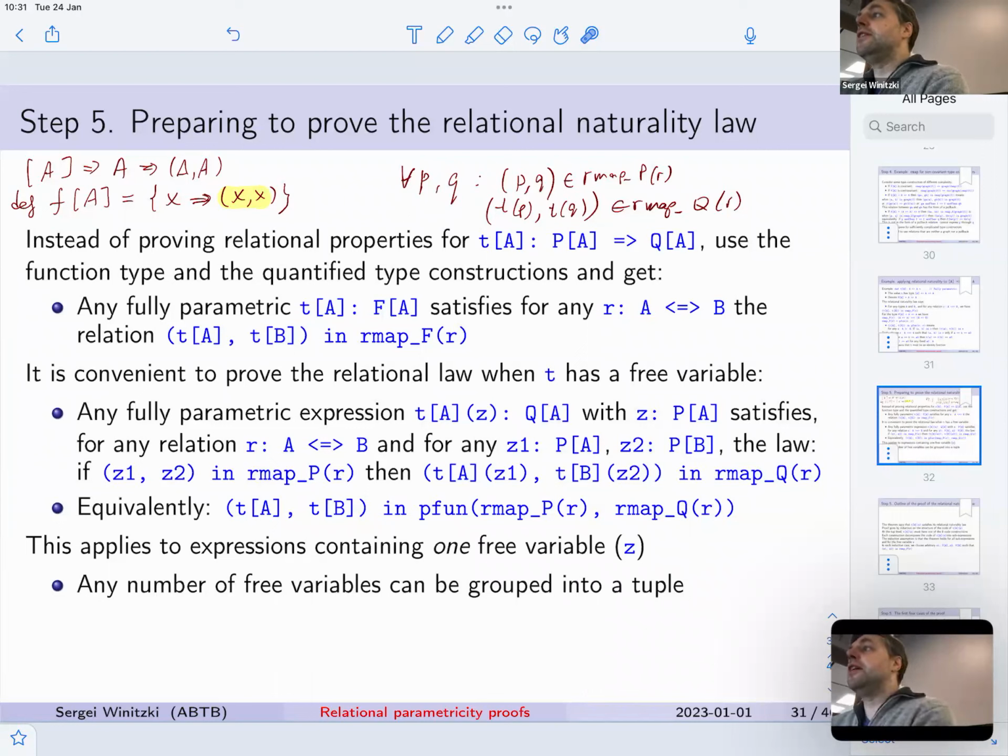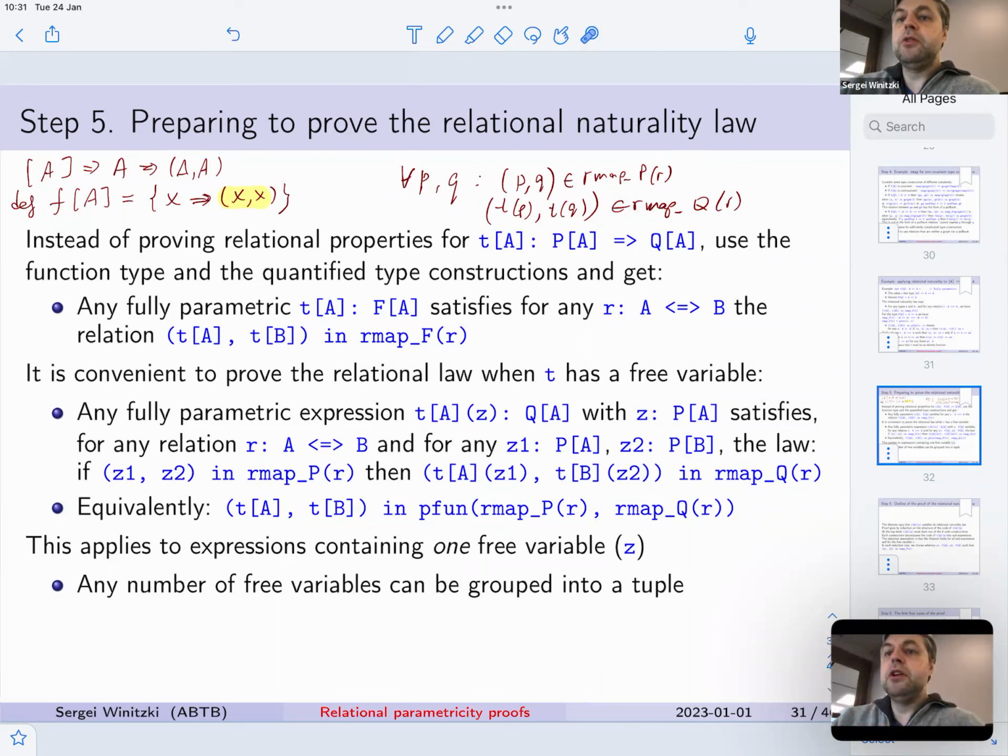Now, for variables defined externally, you need to have a special provision because they will have some type, and this type could depend also on the type parameter A. Just like in this situation, x is of type A. So it is not just some fixed value, it's actually a value of type A.